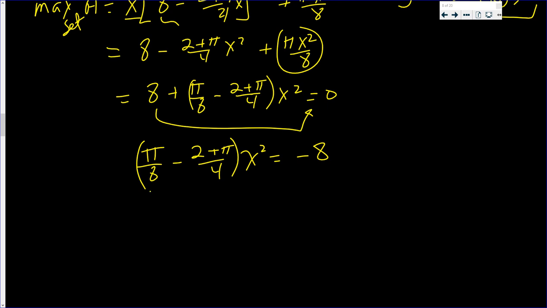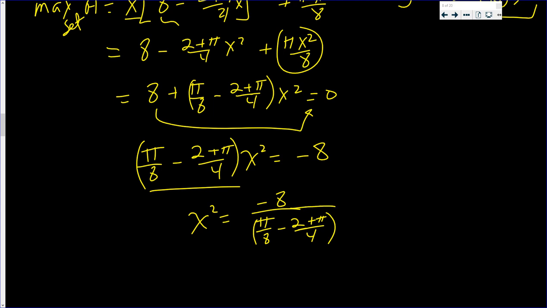So I divide by that. So x squared is equal to negative 8 over pi over 8 minus 2 plus pi over 4. Now, let us multiply the bottom in particular by 8.